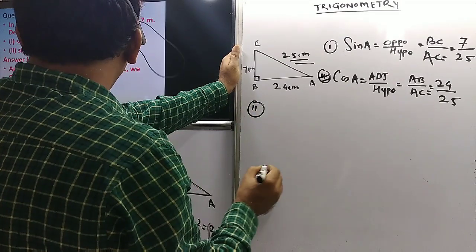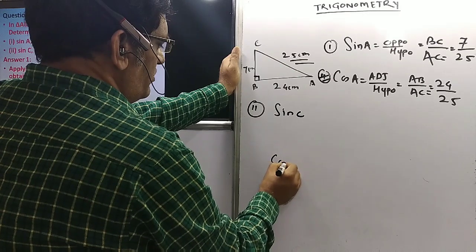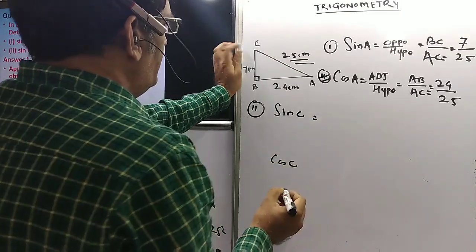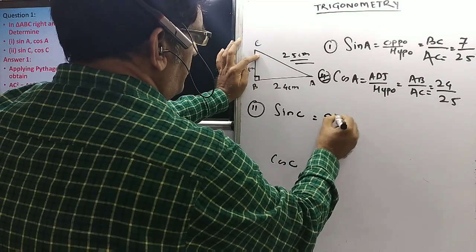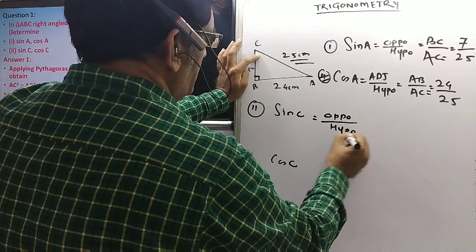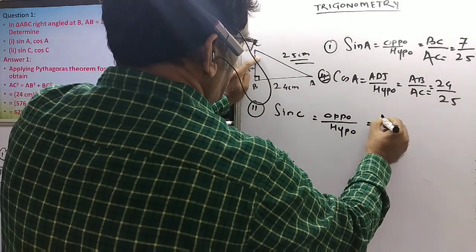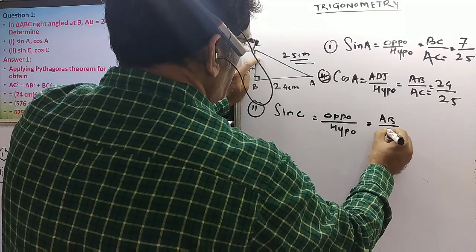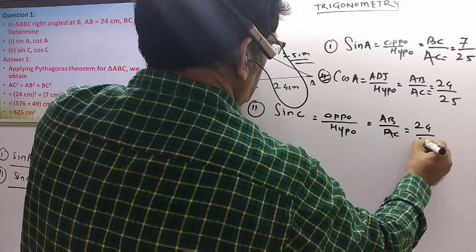Now in the second problem, they ask about sin C and cos C. With respect to C, sin C means opposite side by hypotenuse. The opposite side is AB and the hypotenuse is again AC, so sin C is 24 by 25.